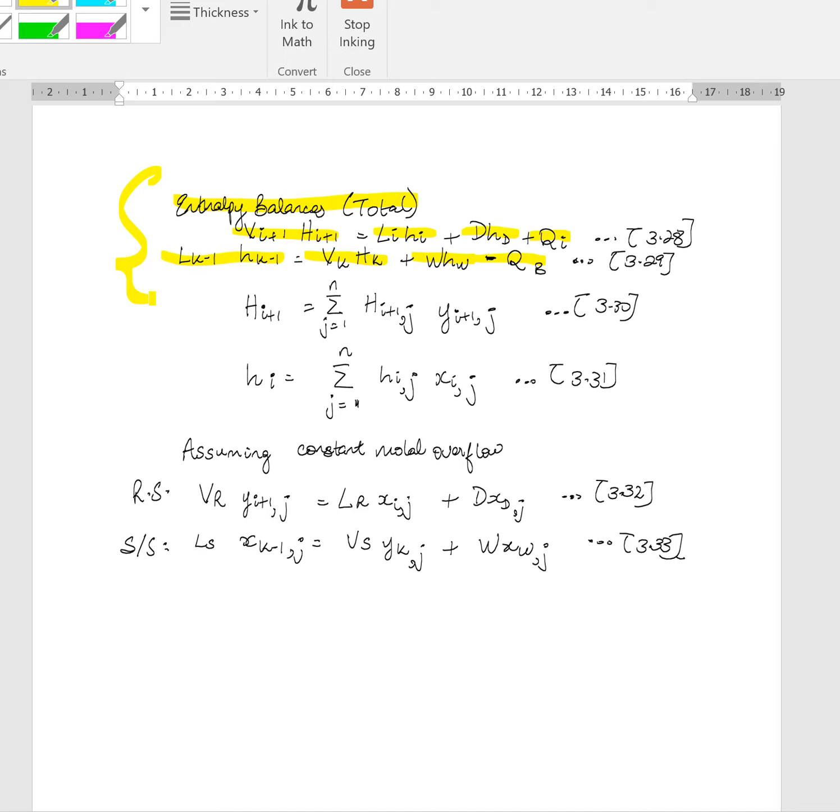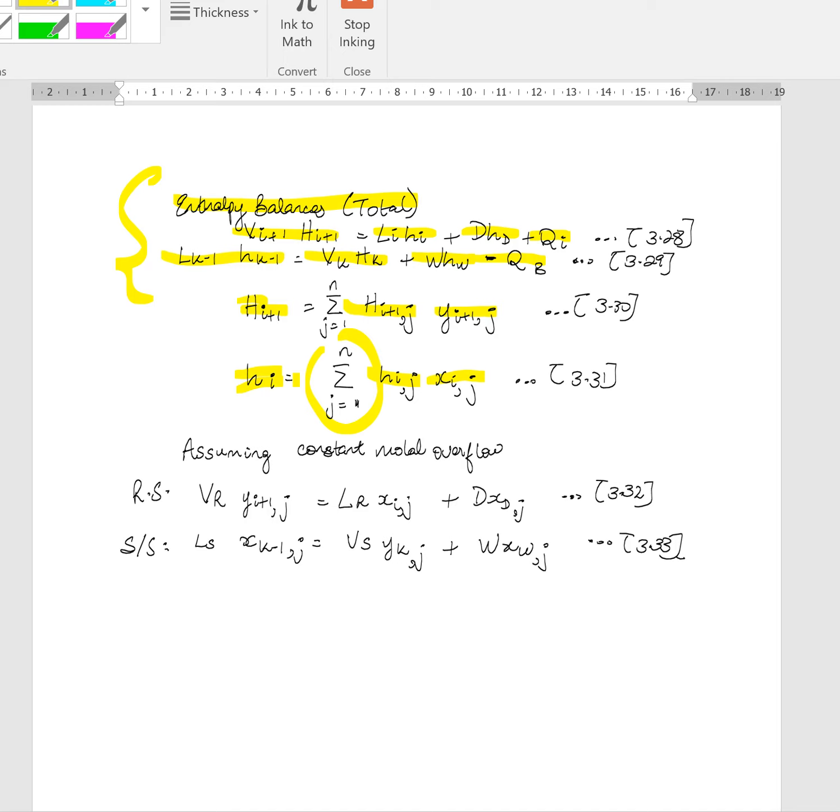The enthalpy per mole of vapor, capital H i plus 1, and the enthalpy per mole of liquid, small h i, may be given by these relationships here: the summation of the product of the enthalpy per mole of vapor by the mole fraction, and for the liquid, the enthalpy per mole of liquid multiplied by the mole fraction, and we find the sum of those products.